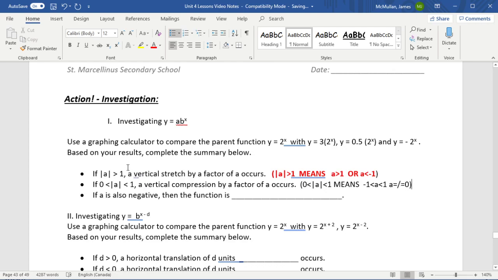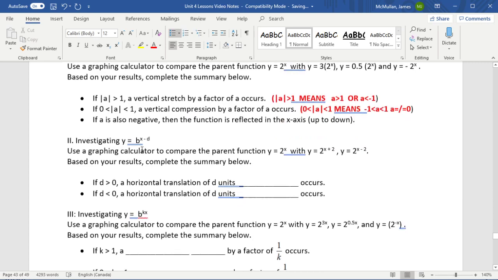So, in other words, a is some number between negative 1 and 1, but not 0. Okay, that's what that means. That's another way of writing it in the absolute value notation. If a is negative, then again, as always, the function is reflected in the x-axis, as in up to down.